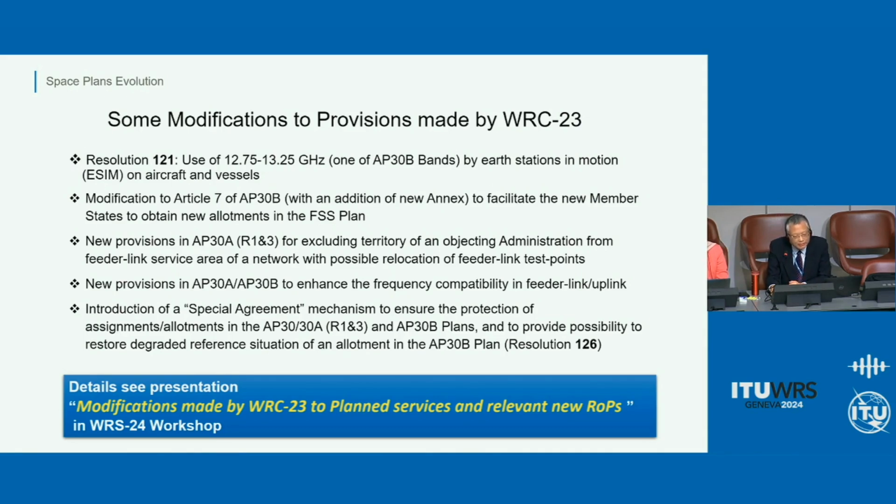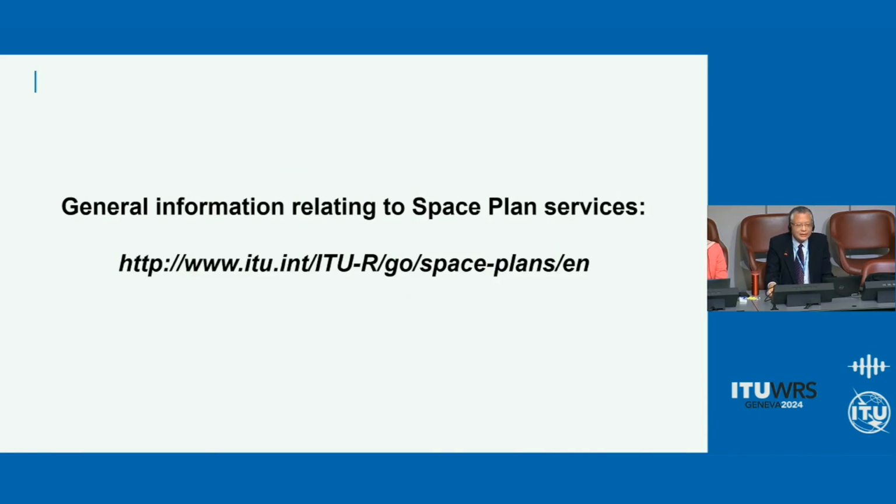I will not give the details because we have another presentation in the workshop tomorrow morning in room C in the ITU building. There will be a detailed introduction to this modification made by WRC 23. So with this, I would like to finish my presentation. If you need more information, you can look at the website on the screen.